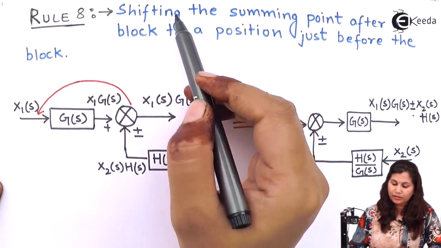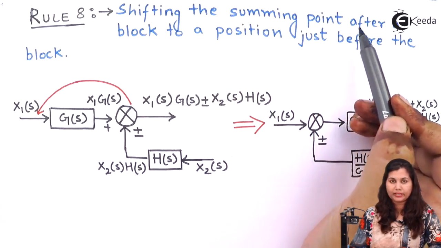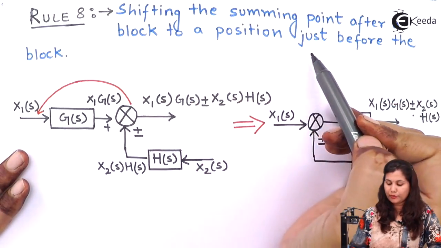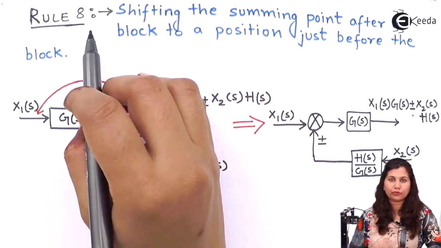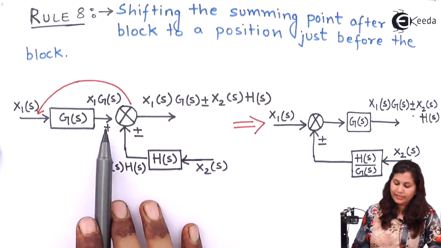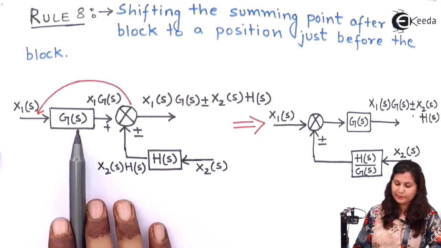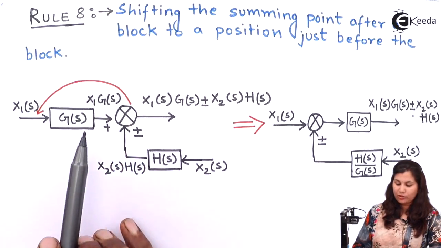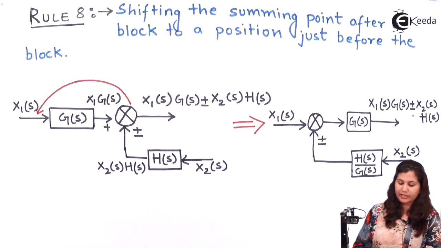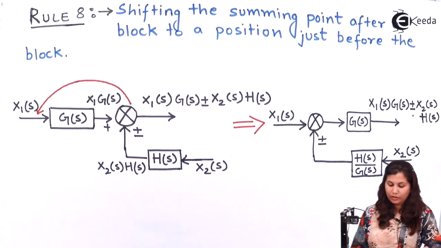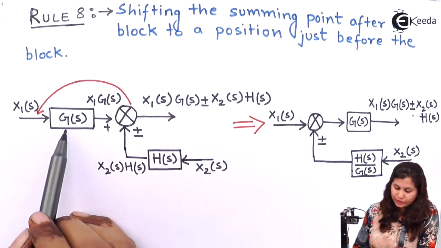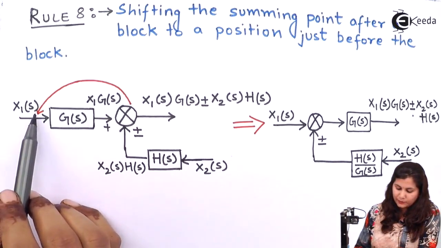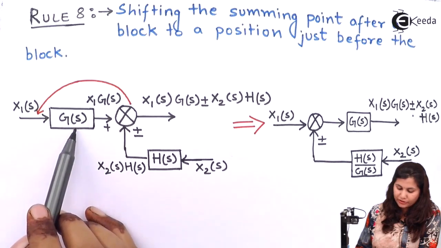Now rule number 8. In this rule, you have to shift the summing point after a block to a position just before the block. Here we have a summing point which is present after the block, and you want to shift it before the block. The input to this block is X1(s) and the transfer function is G(s).